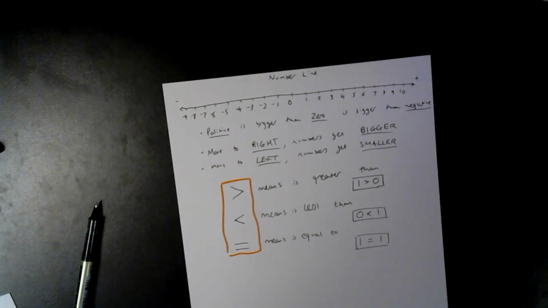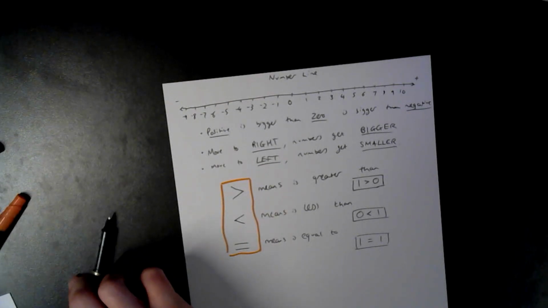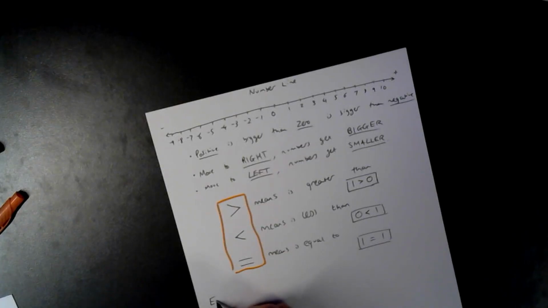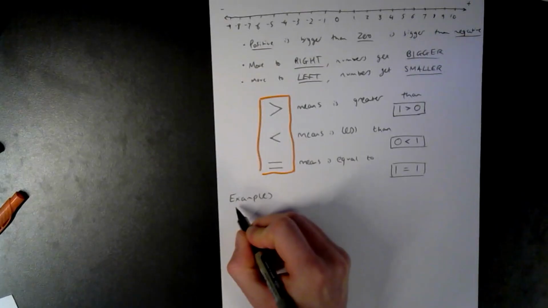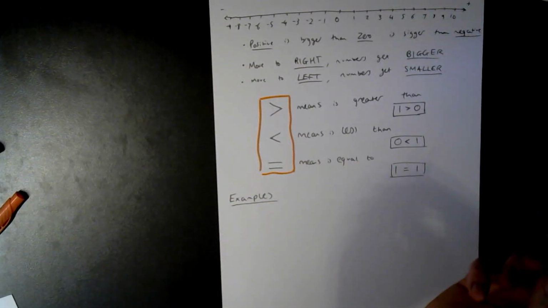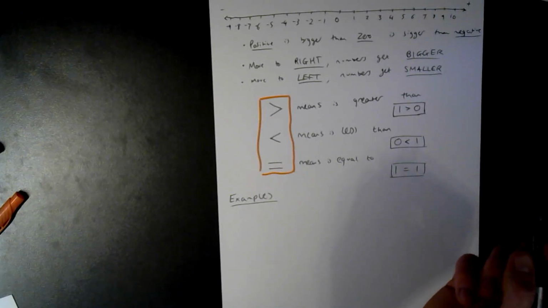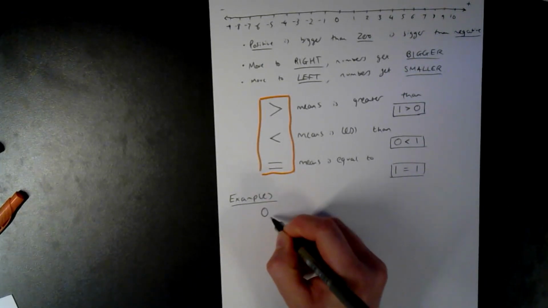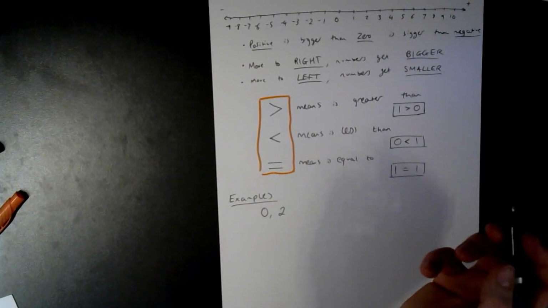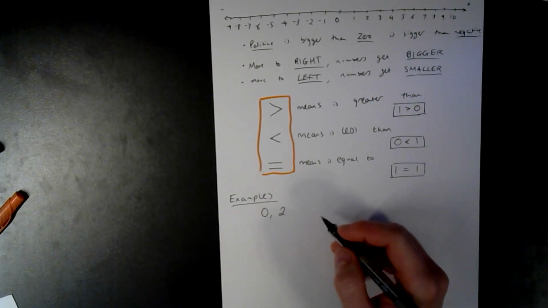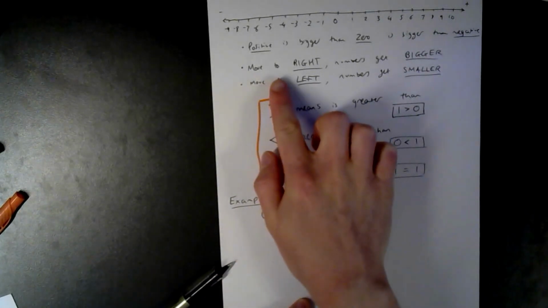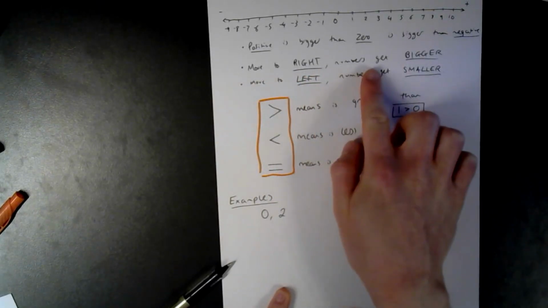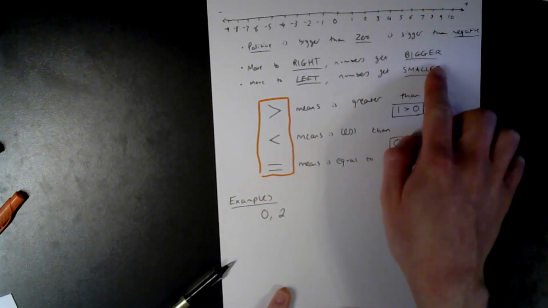Okay. So let's look at some examples. If we wanted to compare the number 0 and 2, and we wanted to say which is bigger, well, we can remember the rule from up here, which is that as you move to the right, numbers get bigger on the number line.